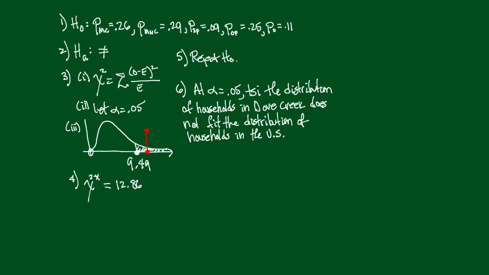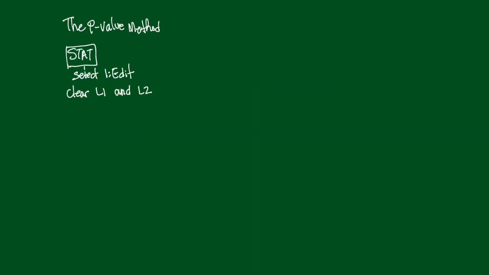Now let's do this using the p-value method strictly on the calculator. The p-value method on our TI-84s: press stat, select number 1, Edit, which brings up your lists, L1, L2, and some others, but we need to clear these lists. Do you remember how to do that? Take your cursor, get it over into list 1, and then up arrow so the cursor is highlighted on L1.